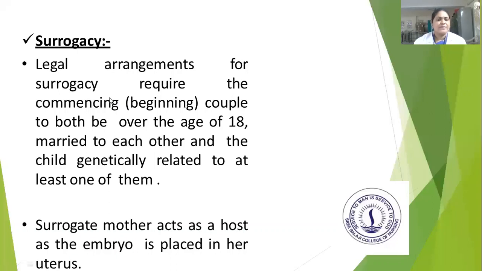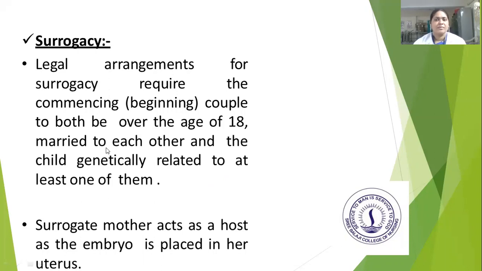Next is surrogacy. The legal arrangement for surrogacy requires the intending couple to both be over the age of 18, married to each other, and the child genetically related to at least one of them. So, what is surrogacy in the sense?